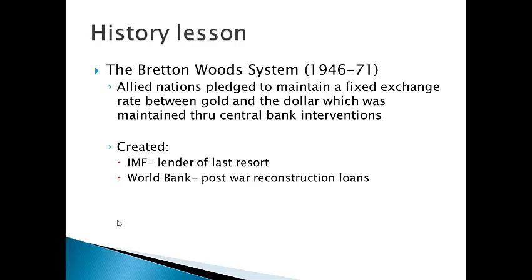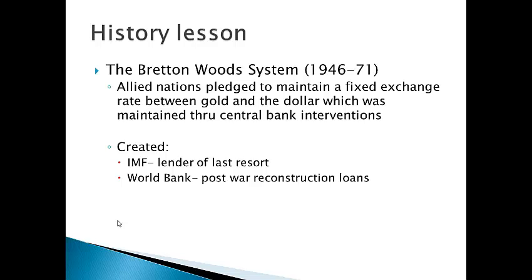It was named after the Allied Conference in Bretton Woods, New Hampshire. It was held in 1944 and called to avoid future devaluations, these beggar thy neighbor devaluations that we were talking about. 21 countries were involved, and this fixed exchange rate was $1 to 1/35 of an ounce of gold.